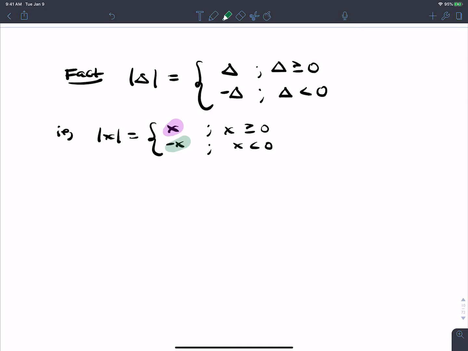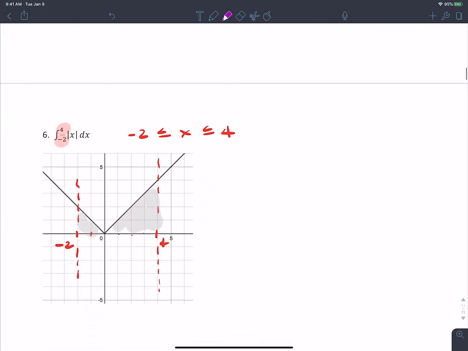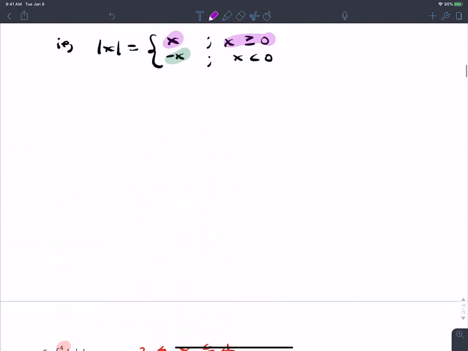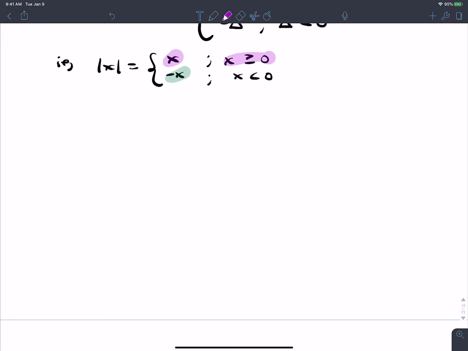So for the purple, these are positive values of x, or 0. So if you go to the curve, they're talking about what? This portion of that curve, because those x values are positive. You guys okay with that? And that's the graph, in case you didn't notice, of y equals x. On the other side, you have that green portion.